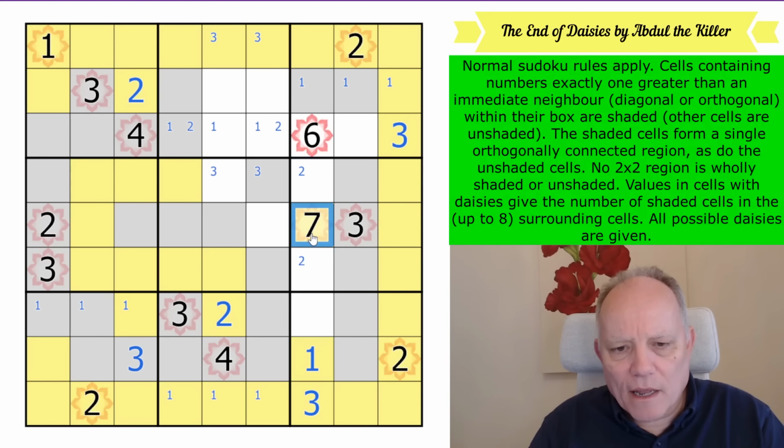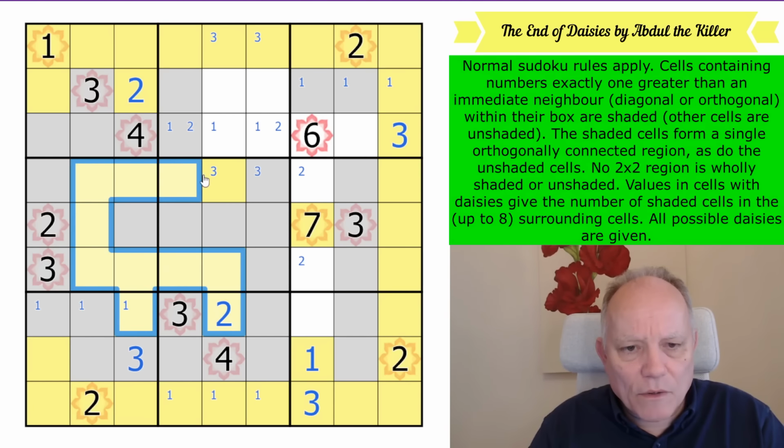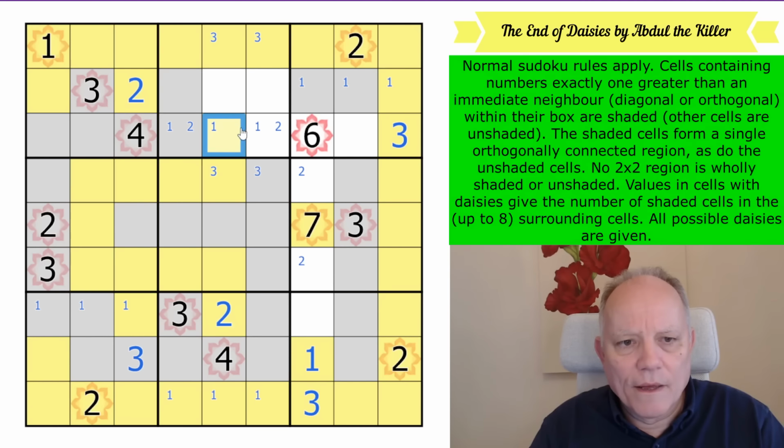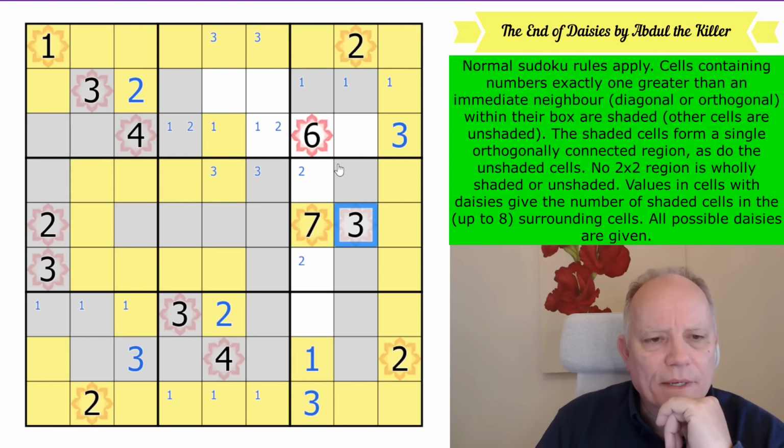The one that is yellow is the only yellow that 7 sees, so that's grey, which I could have done by checkerboard. That's yellow to avoid a 2 by 2. This yellow area has to get out, so it has to come out there. I don't know. Either this yellow has to get out somewhere or this grey has to get out somewhere. That's not quite so clear cut to me what's going on.